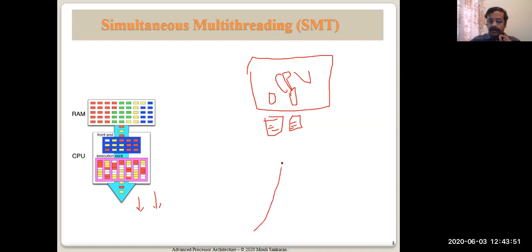Now, what is happening? The CPU will be fetching instructions of two processes simultaneously because it knows that the CPU has two threads. It has the capability of running two threads. So both of them will be running simultaneously. Similar to your brother and sister, you will be in engineering college, your sister will be in school.